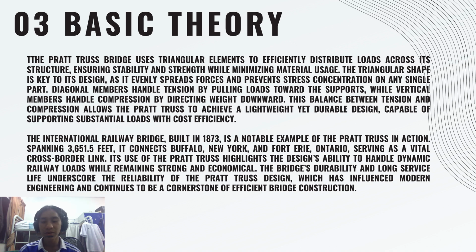Its use of the Pratt truss highlights the design's ability to handle dynamic railway loads while remaining strong and economical. The bridge's durability and long service life underscore the reliability of the Pratt truss design, which has influenced modern engineering and continues to be a cornerstone of efficient bridge construction.